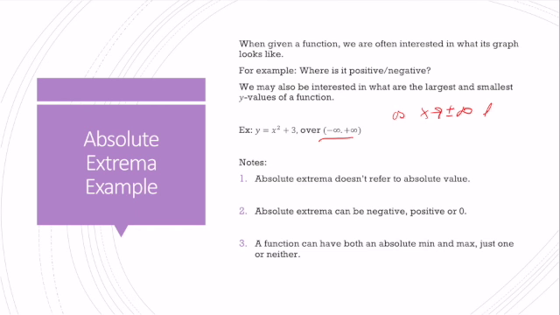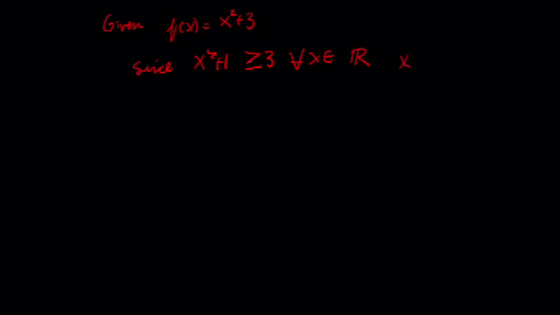Given f of x equals x squared plus 3, since x squared plus 3 is greater than or equal to 3 for all x in the real numbers, and x squared plus 3 equals 3 when x equals 0, the smallest value, 3, is when x equals 0.